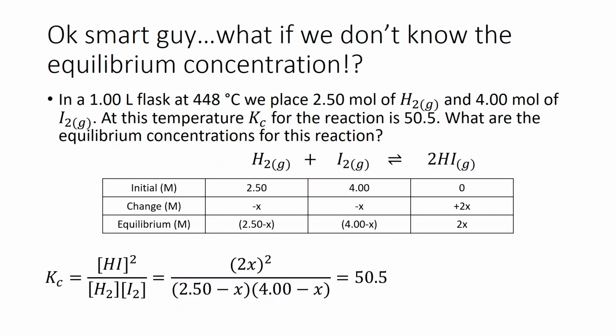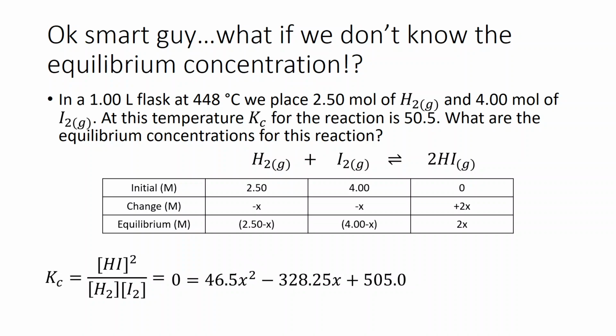We were told what the equilibrium constant is for this reaction, and we have our expressions for the equilibrium concentrations of everything. Now, to solve this, we're going to want to rearrange it to this form. We have just moved our 50.5 over and simplified our fraction expression with all of those parentheses and numbers minus x.